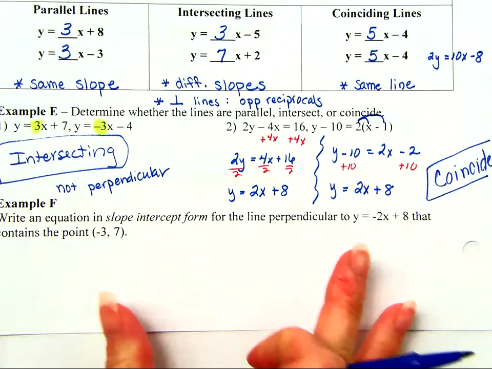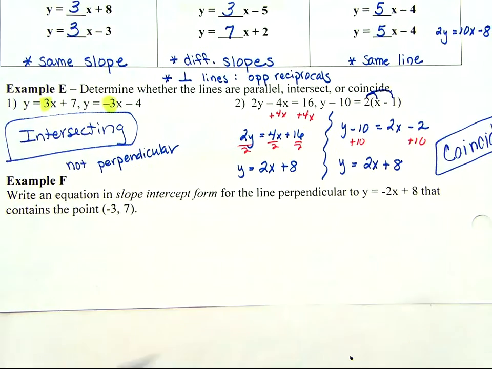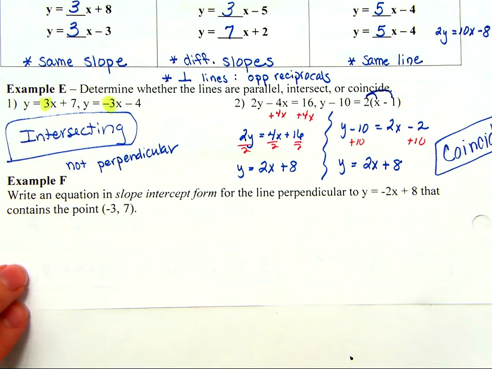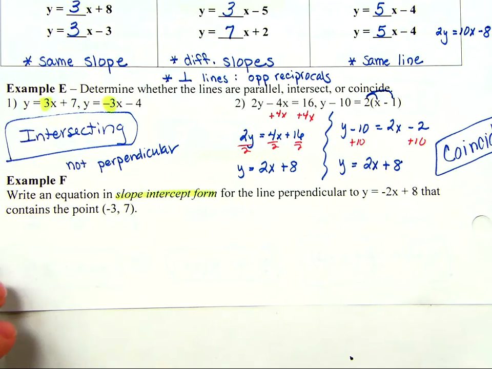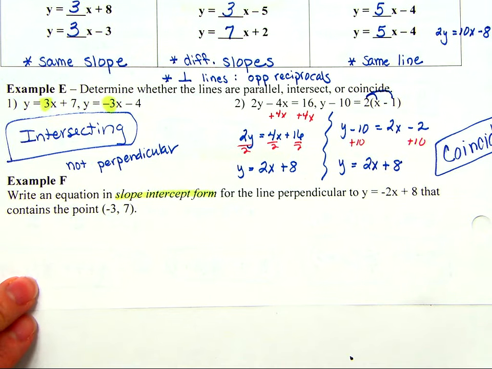Okay, last one, example F. In example F, they want me to write an equation in slope-intercept form for a line that is perpendicular to y equals negative 2x plus 8 and contains the point (-3, 7).